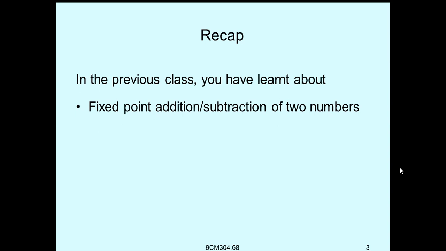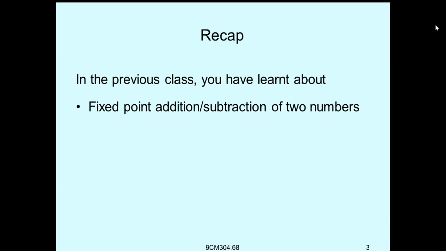But how the system does it is, before performing the addition of the two numbers, it does an XOR operation to compare the sign of the two numbers. Based on that, it does the fixed point addition or subtraction of the two numbers.